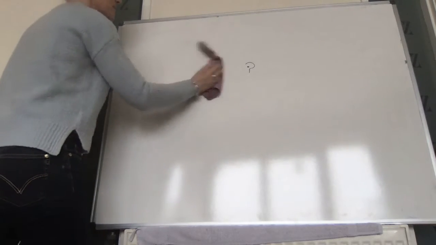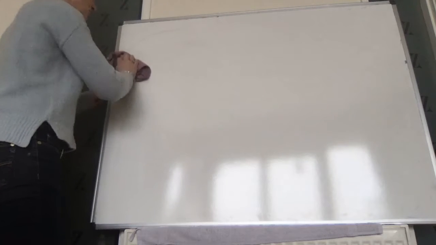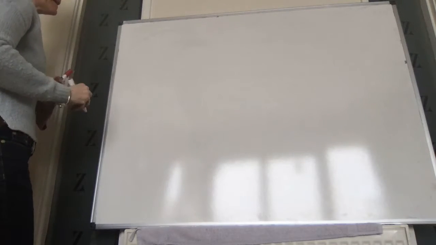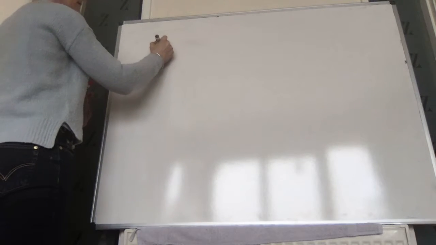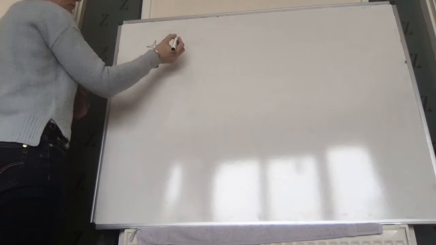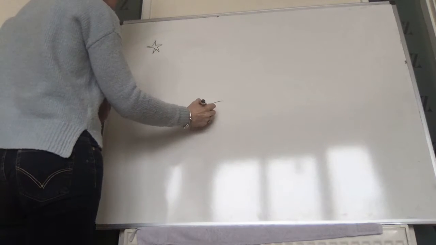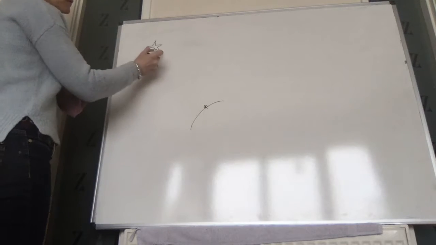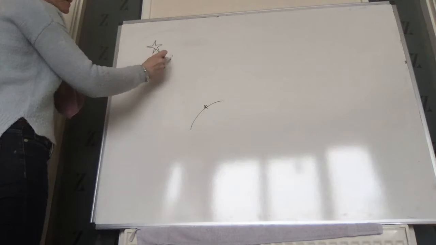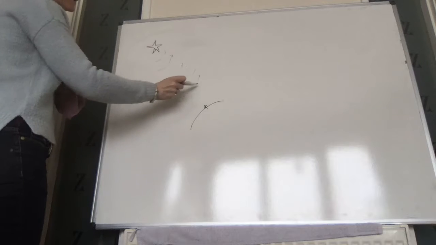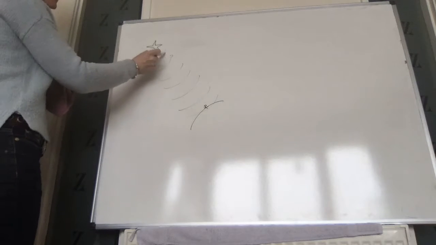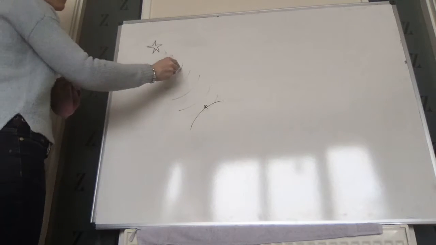Another one is what's known as red shift and blue shift. If you have a star, and you have the Earth and an observer on the Earth, and the observer is looking at the light that's coming from the star, then the light from the star would be of a particular frequency.